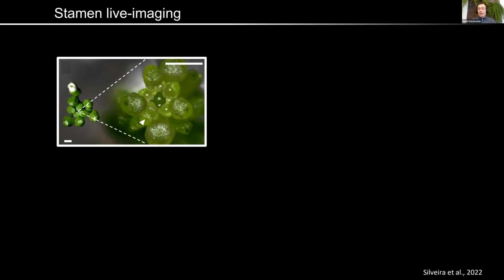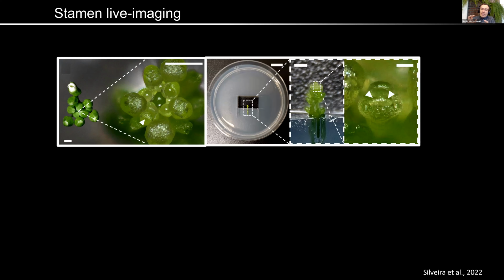The postdoc Silvia Silvera in my lab has developed a new approach to do so. She's dissecting inflorescences of Arabidopsis. She's getting into the floral bud at the stage when we know that the stamens are initiating.